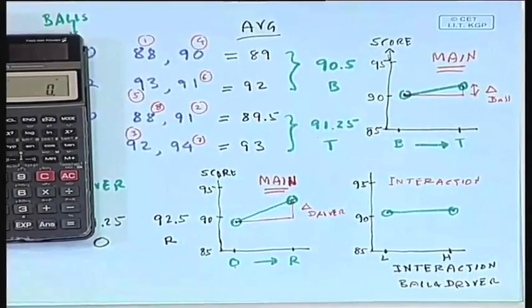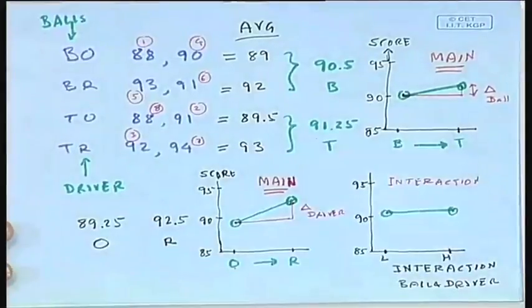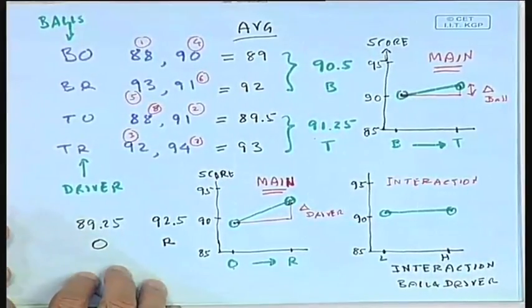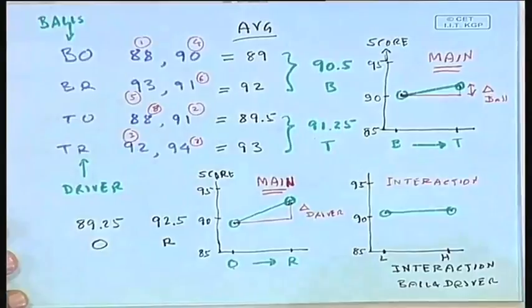What have we done? Let's try to summarize. We ran some experiments, and our experiments were run using, in this particular case, 2 different types of balls and 2 different types of drivers. We ran those trials and we ended up with the data here. Where is the data?